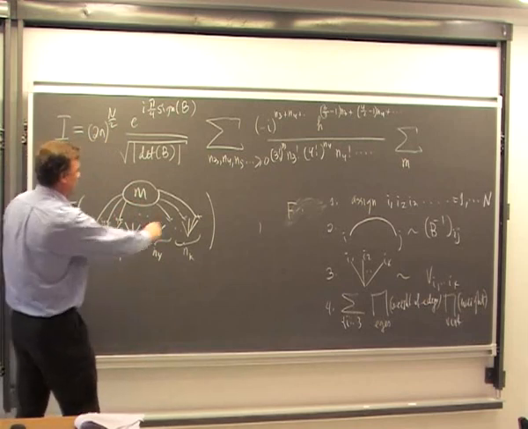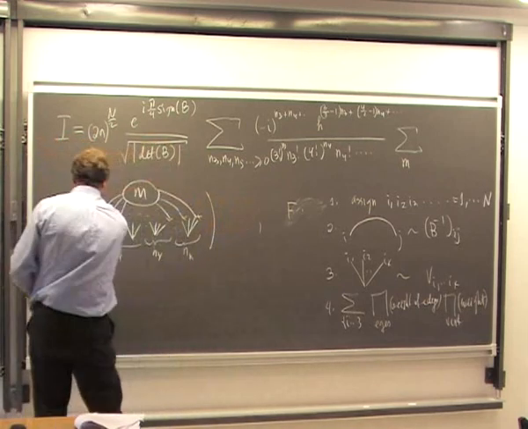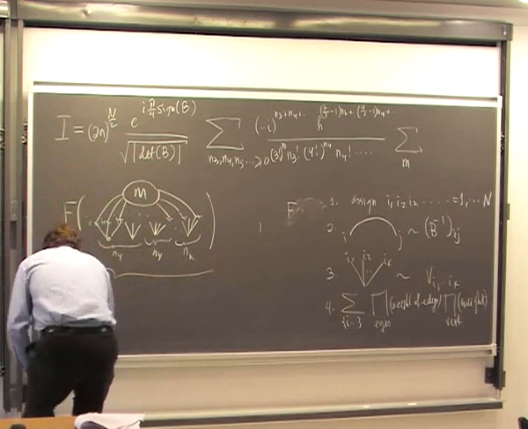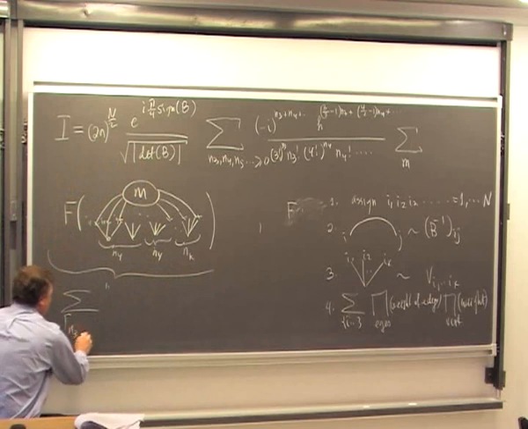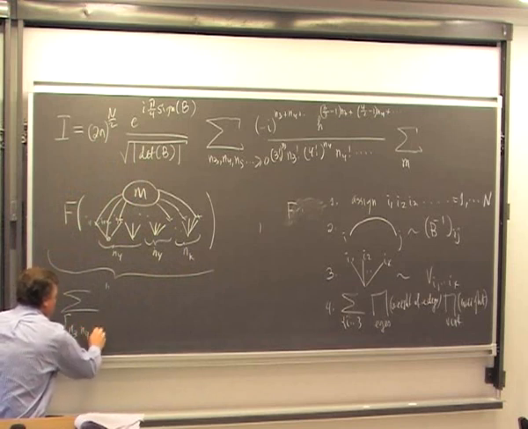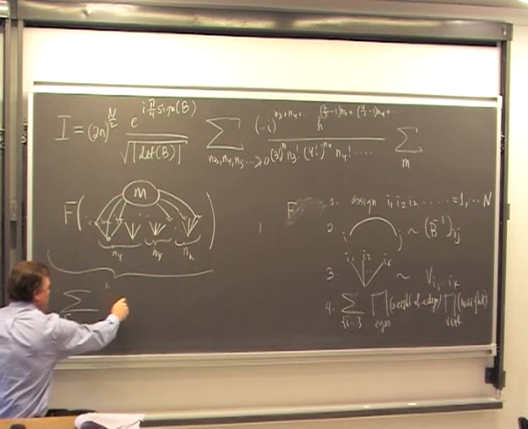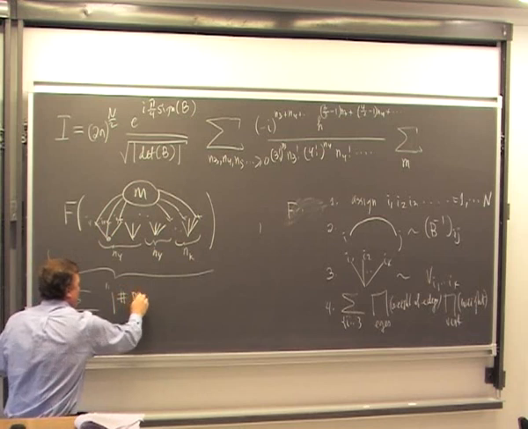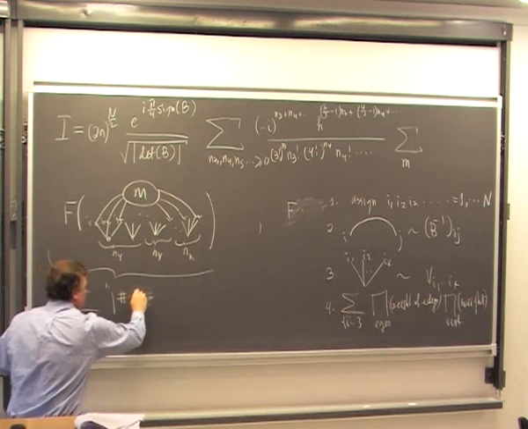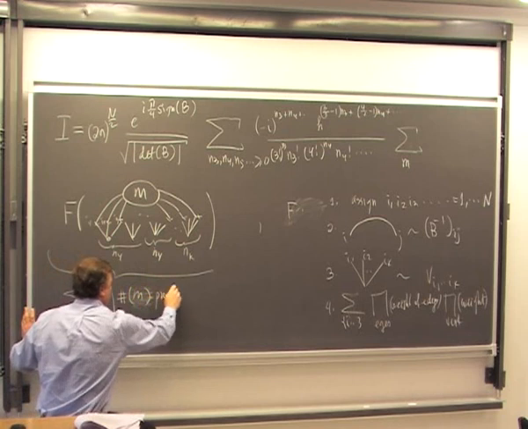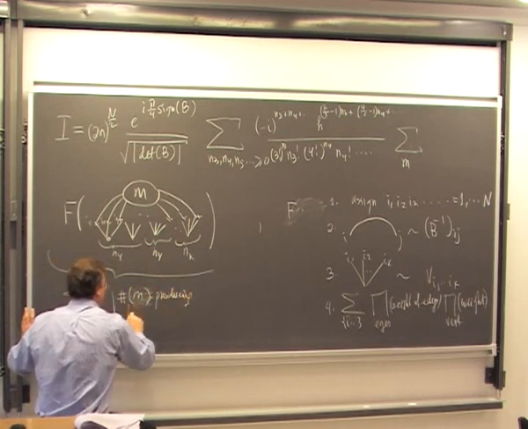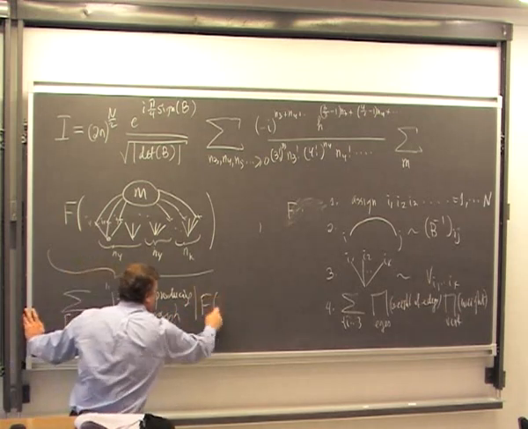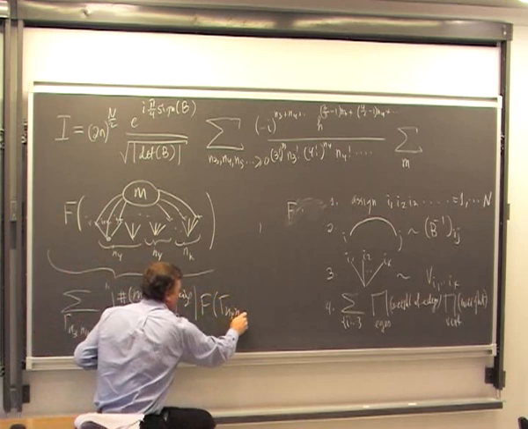This sum over perfect matchings becomes a sum over all graphs with n3 trivalent vertices, n4 4-valent vertices, n5 5-valent vertices, then the number of perfect matchings producing this graph, and then the weight of the graph.